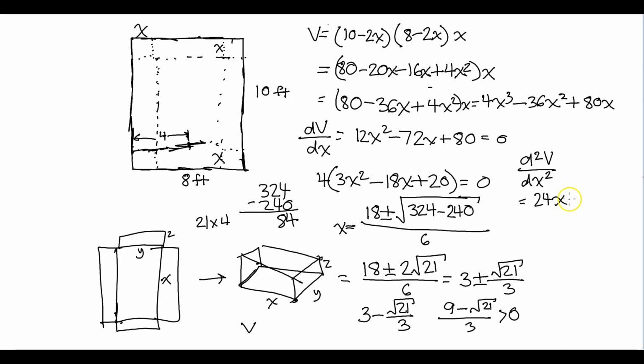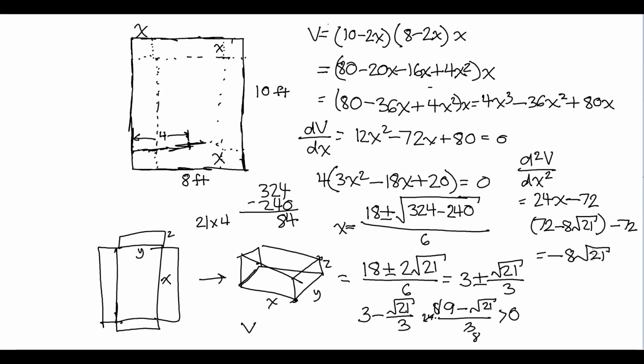So we have 24x minus 72. 24 times this, we get 72 minus 8 root 21 minus 72, and we get negative 8 root 21.